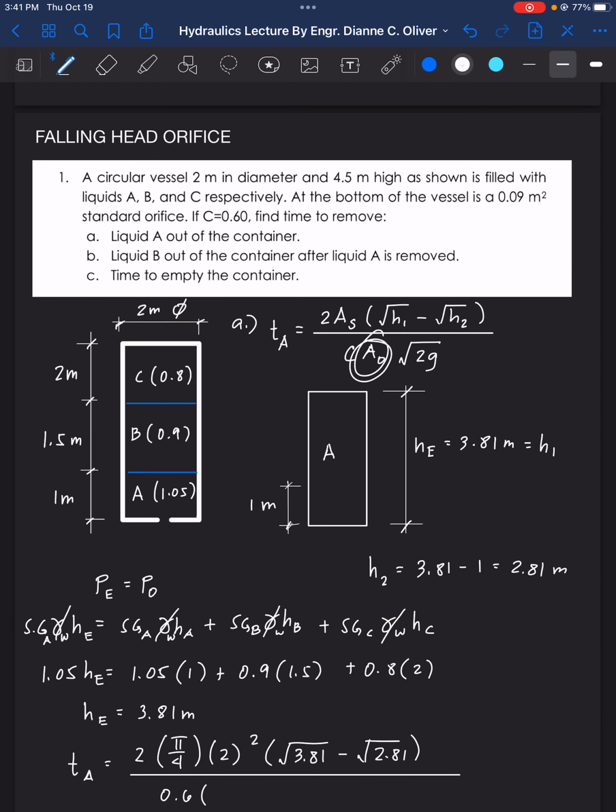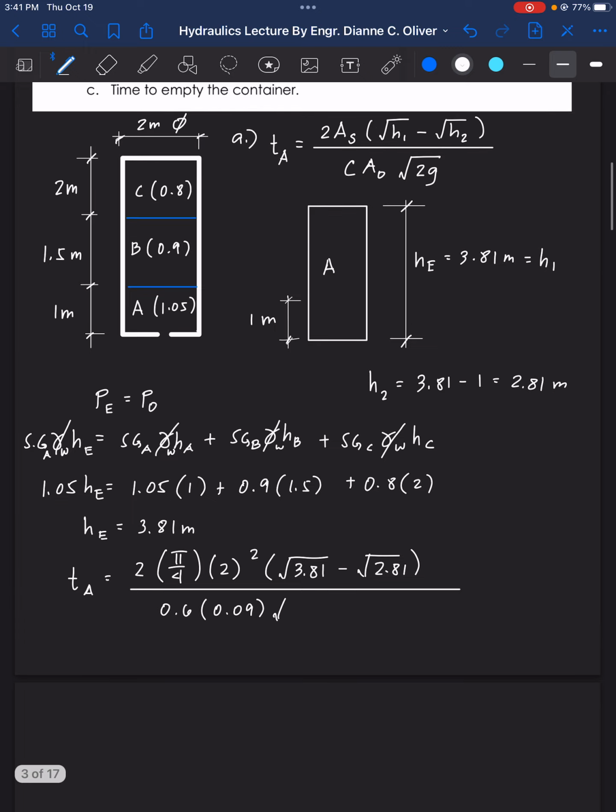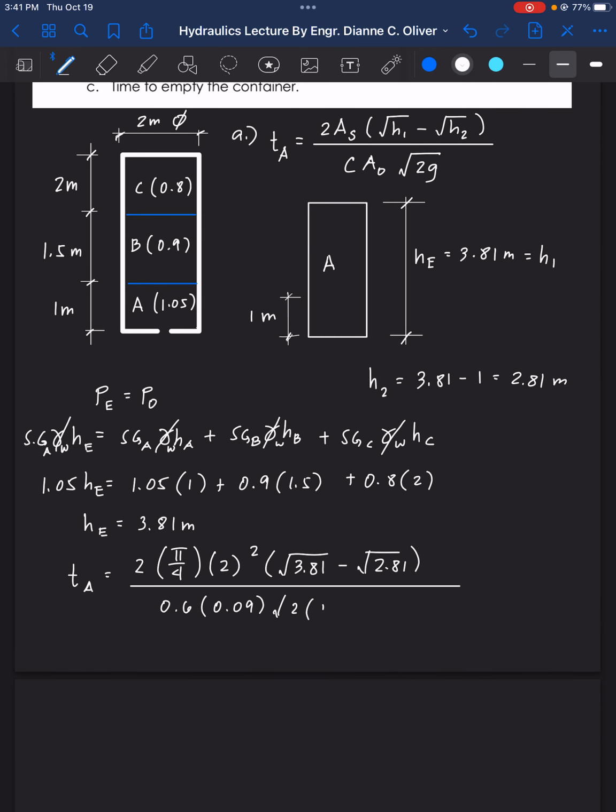The area of the orifice here, it says at the bottom of the vessel is 0.09 meters squared, so it's already an area. Then we have the square root of 2g, twice the gravitational acceleration.